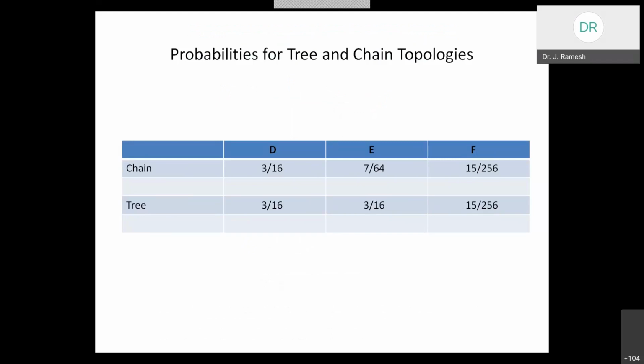So 3 by 16 will be greater. So the tree structure will have the higher switching activity.